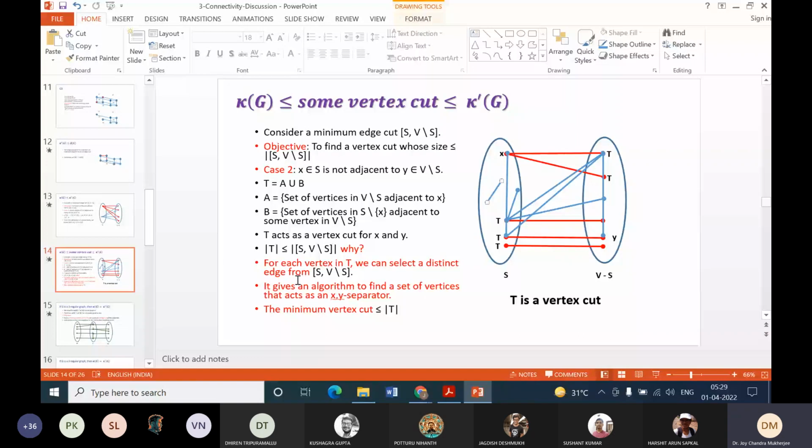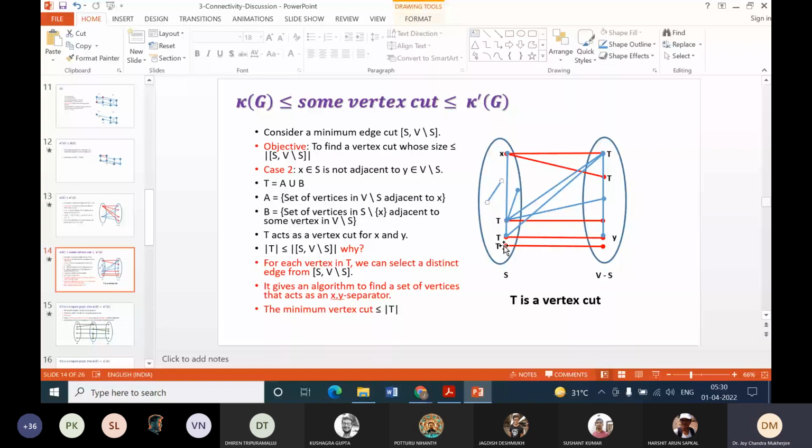For this T I will choose this edge, for this T I will choose this edge. They are distinct edges and they belong to this cut S, V minus S. Then this vertex is adjacent to some vertex here, so I could have chosen this edge or this edge, but among these three edges I choose any one of them. Similarly for here also, this T is adjacent to this Y, so I choose this edge and I choose this edge.